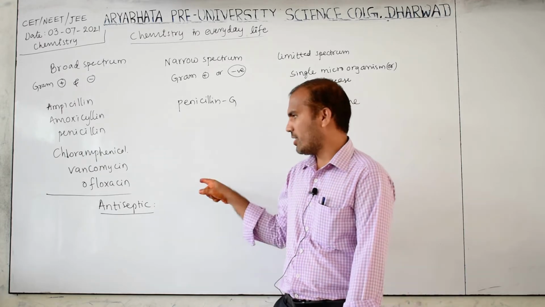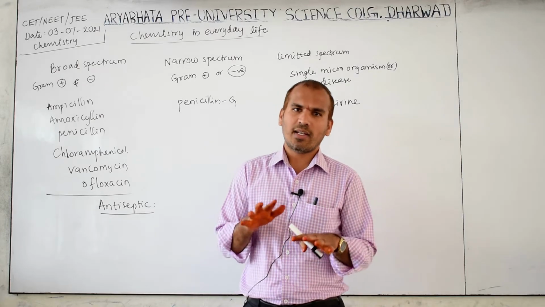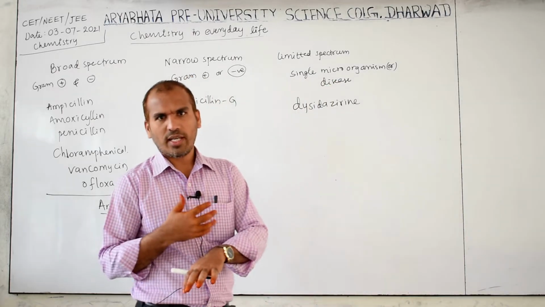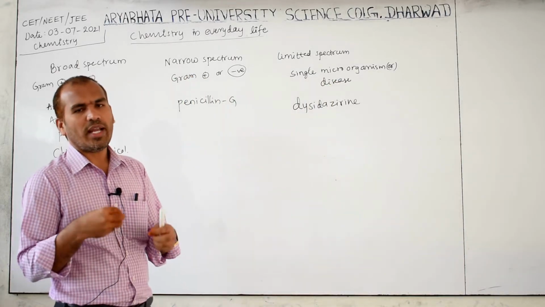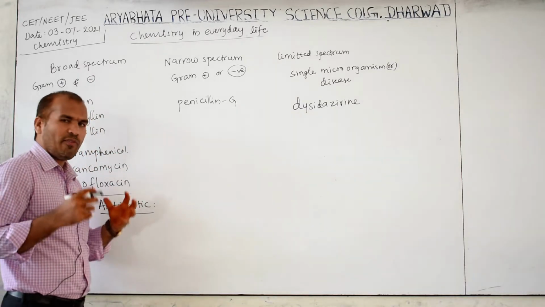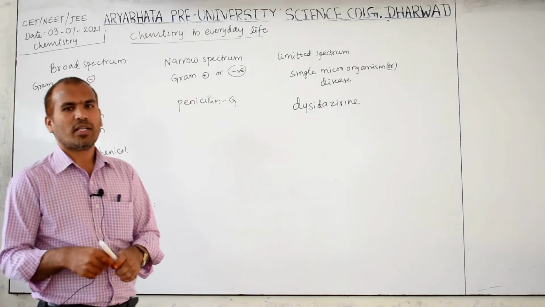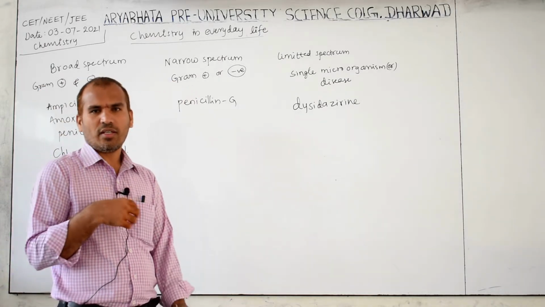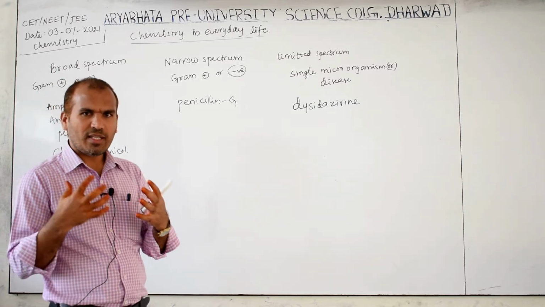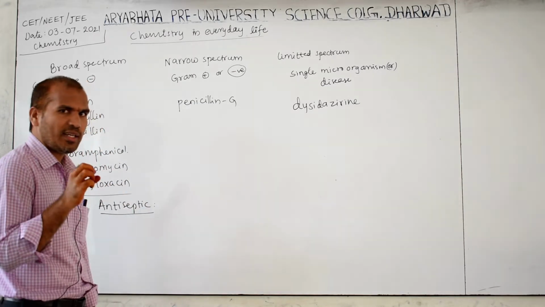Keep in mind, they are applied on the external surface or external tissues, not internal. You may have observed that if a wound or cut happens, or due to an accident the skin is removed, then we apply some antiseptics to heal the wound.